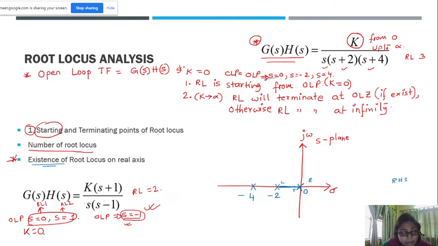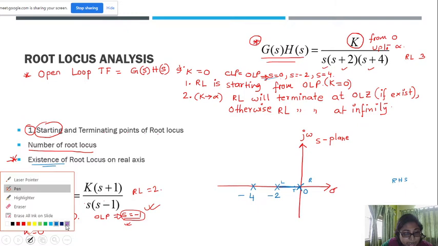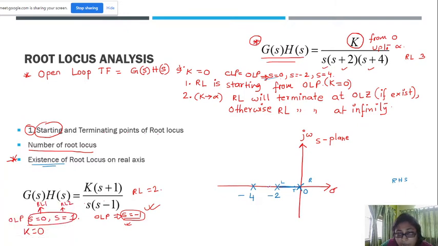Now tell me, if I take the test point here, on the right hand side, how many poles and zeros? 2 poles. 2 is an even number. If the number of accumulated poles is even, no root locus will exist there. So from here to here, wherever you put the test point, you will find an even number of poles, so no root locus will exist between -2 and -4.